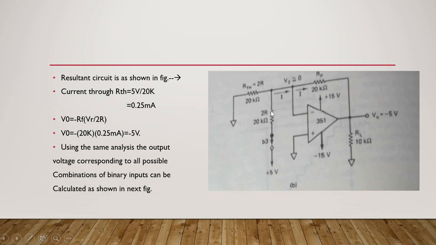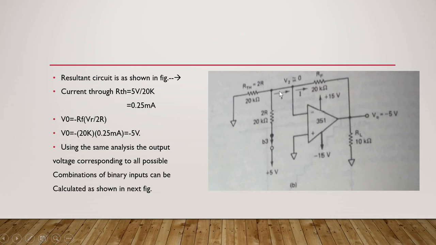This 5 volt is equally distributed across this 2R and this 2R. So it is 5 volt divided by 20 kilo ohm, which means 0.25. 0.25 flows over here, 0.25 flows over here. So 0.25 milliamperes is the current through your RTH.